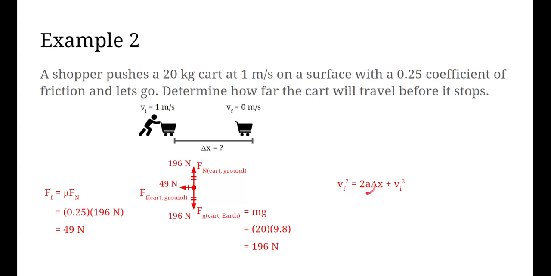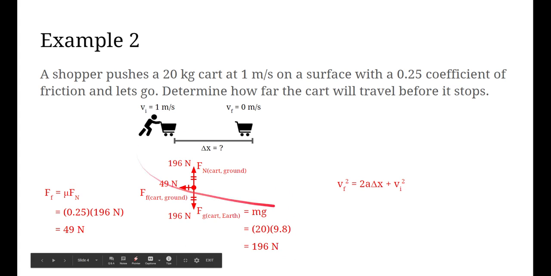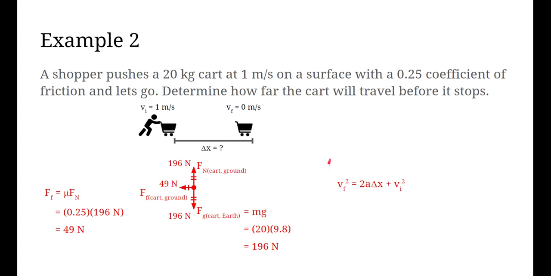But there's another thing that we don't know, which is the acceleration of the cart. And so that's where we're going to use our force diagram in order to calculate that acceleration, so that then we can in turn calculate the displacement. So our net force is equal to the mass of the cart times the acceleration of the cart. And we know that the F net of the cart is this friction force, since that is the unbalanced force in the horizontal direction.